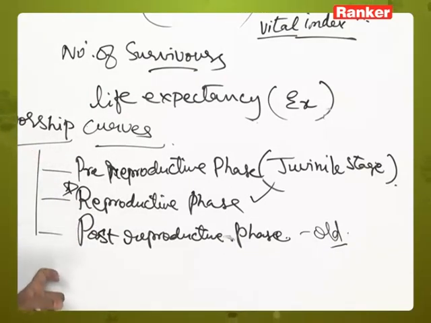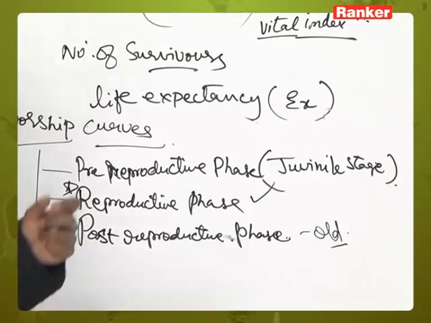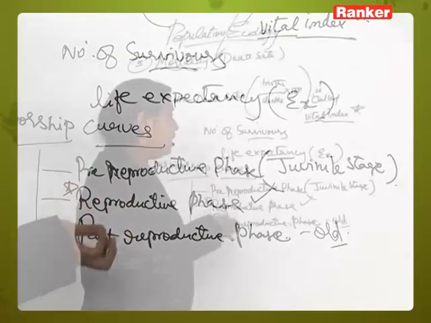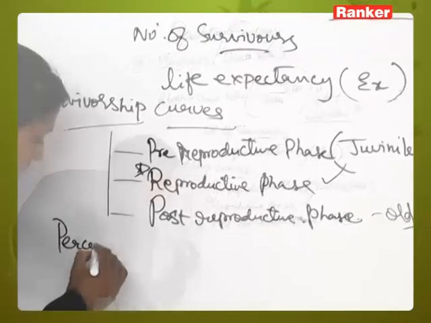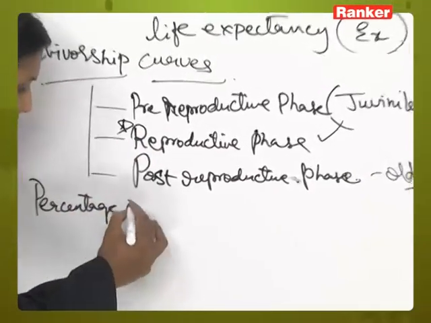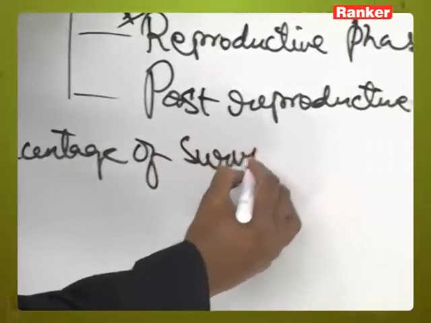Now this can be shown by some curves, which are called survivorship curves, where we take the percentage of survival of a particular individual in a population.